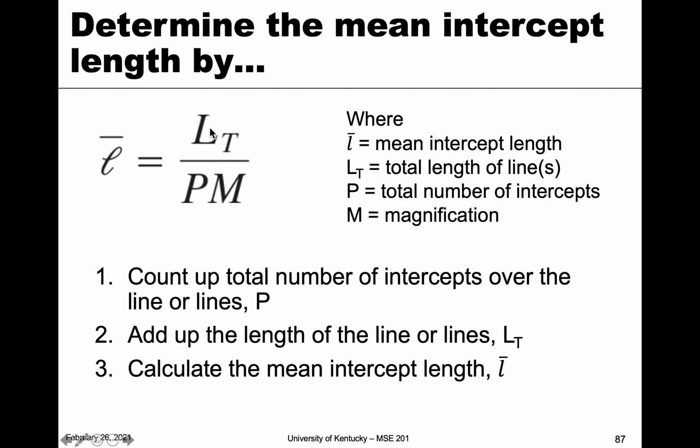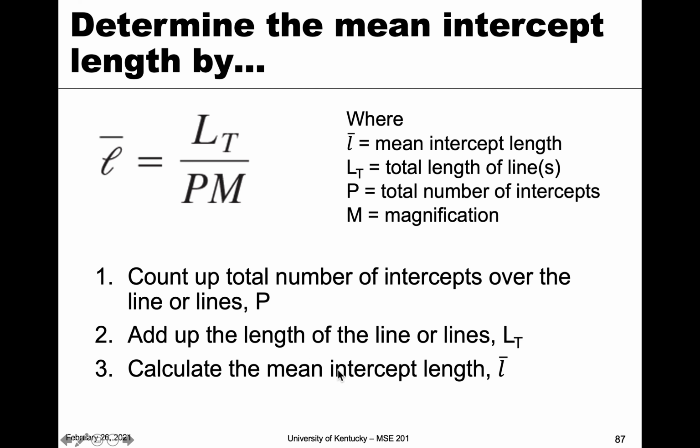So that's the length that you measured of your line. And then we count the intercepts, capital P, and then the magnification that we just calculated. So all of those go into this mean intercept length. We count up the intercepts, add the lengths of the line or lines, and then this calculates the mean intercept length.